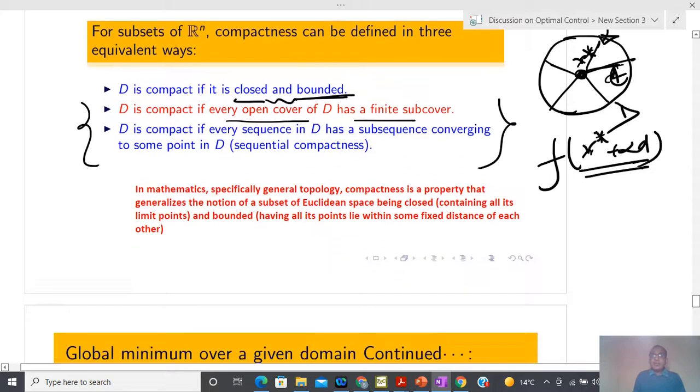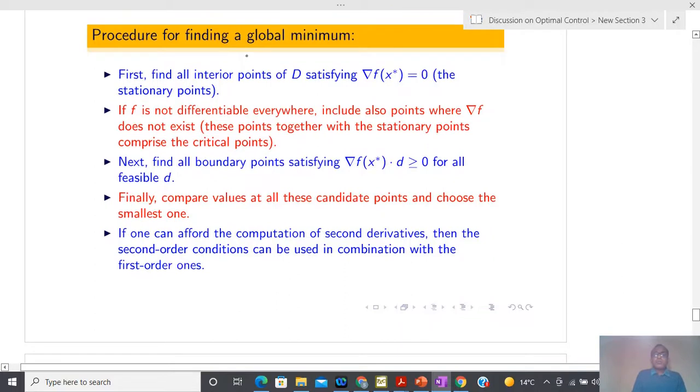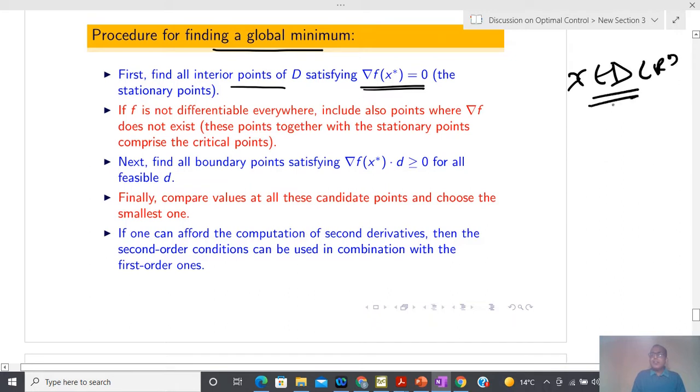With the help of this intuition, what is the procedure to find the global minimum? I will find all interior points of D and check this. I know that my x is defined in this particular region, so I will solve this equation, gradient of f at x star equal to 0.